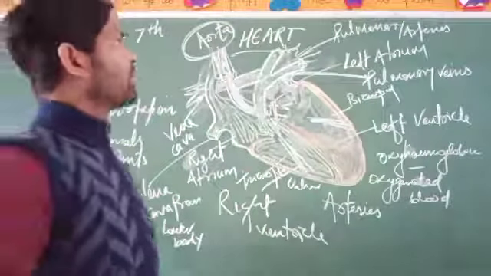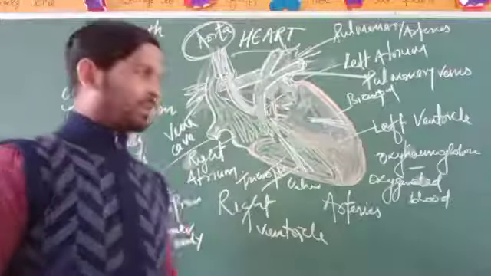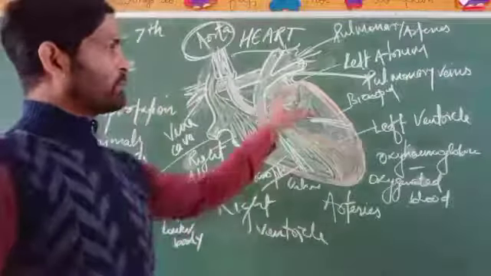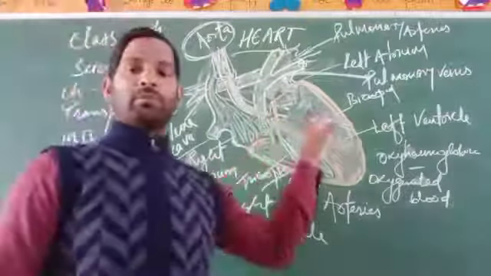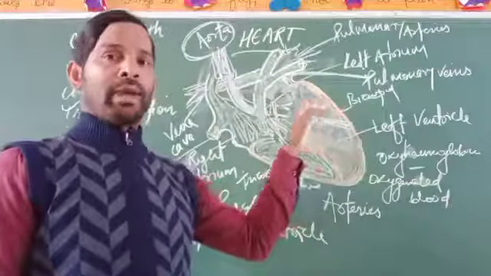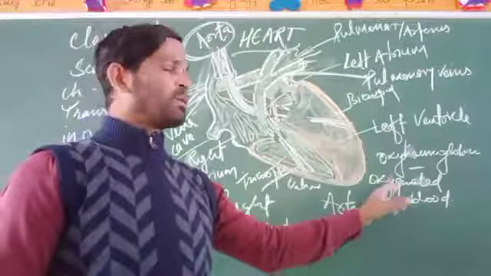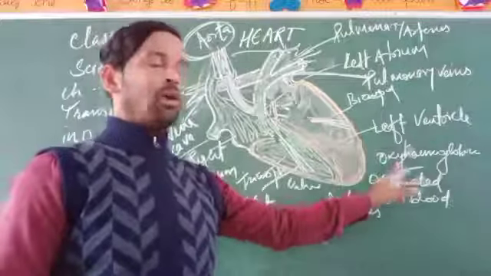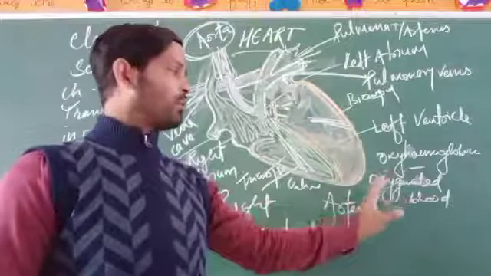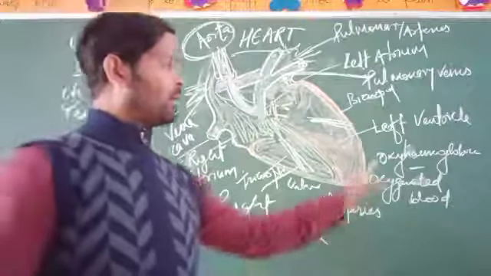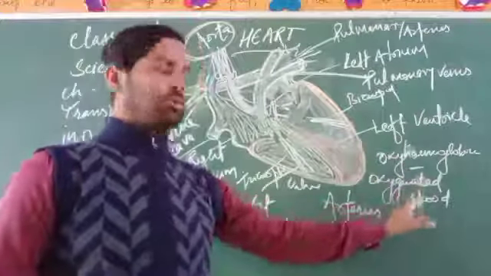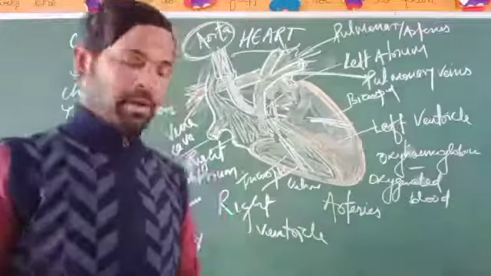Whenever the blood goes through the whole body by means of arteries, oxygen combines with hemoglobin to form oxygenated hemoglobin. It is also called oxyhemoglobin or oxygenated blood.